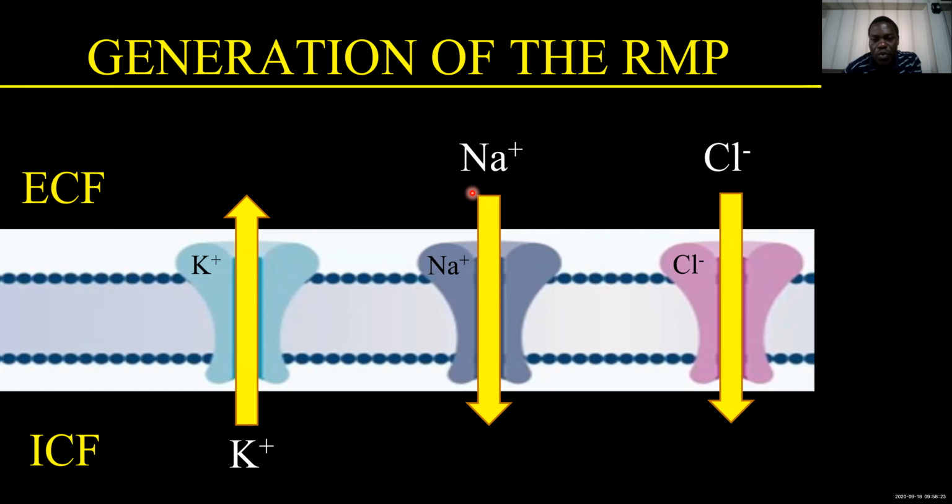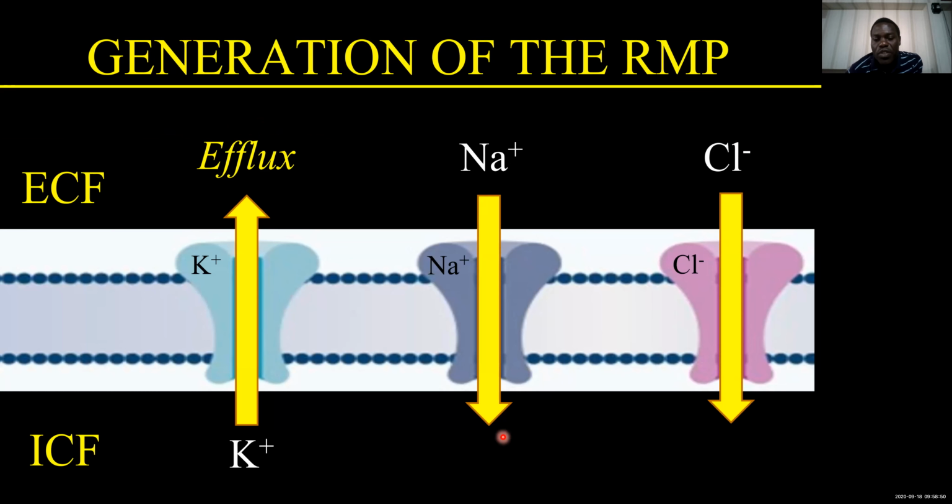The term we use for a molecule that is moving outwards is efflux. So we will have potassium efflux. Efflux is the term we use when there is net movement outwards.